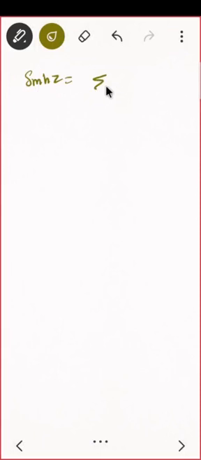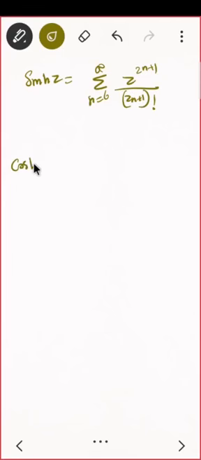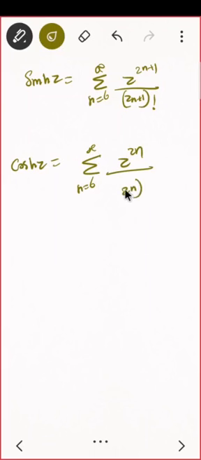It will be just summation n equal to 0 to infinity, z raised to 2n plus 1 upon 2n plus 1 factorial. That's it. Same for cos hyperbolic of z. It will be just n equal to 0 to infinity, all even terms, z raised to 2n upon 2n factorial. That's it.